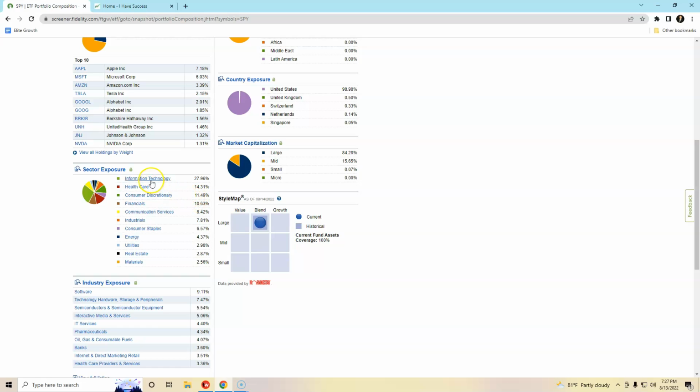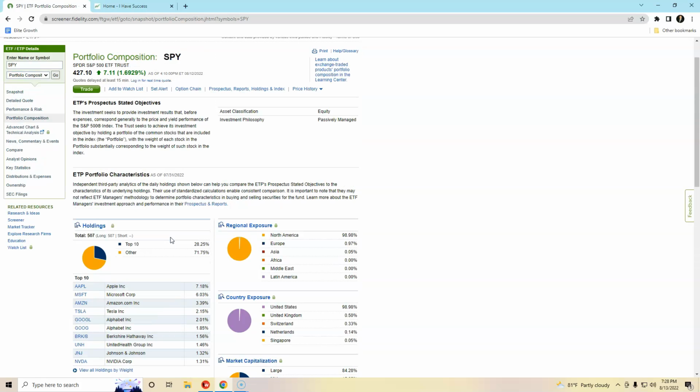So I found an ETF that correlates with each of these. Incidentally, you can use the same strategy with any particular stock sector that you might be interested in.